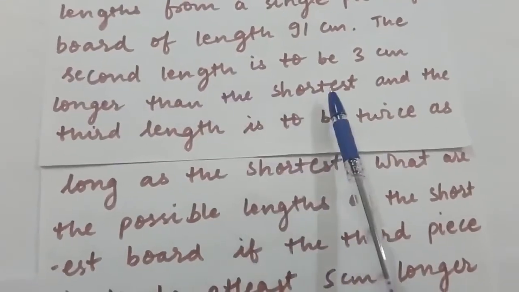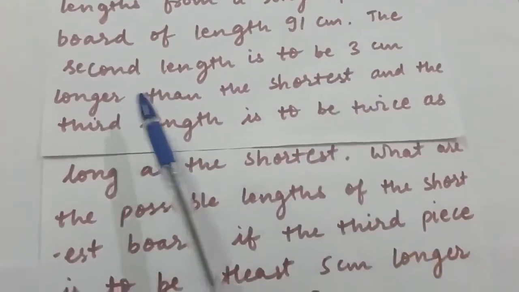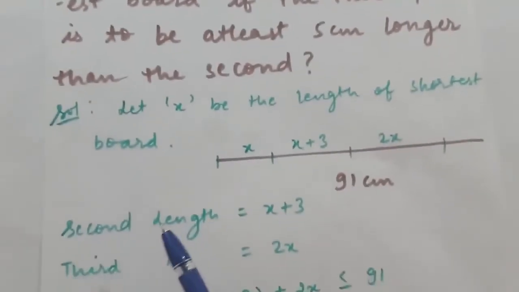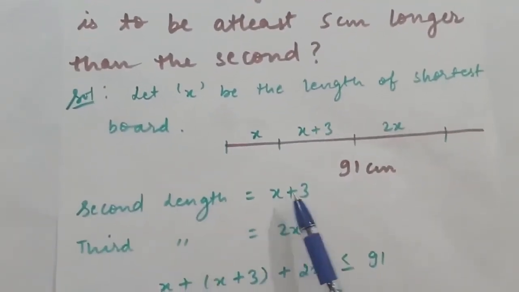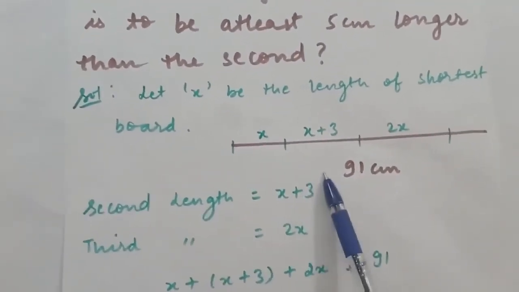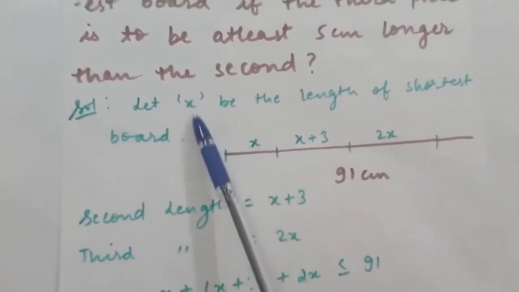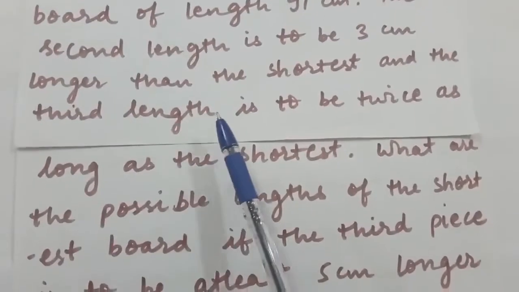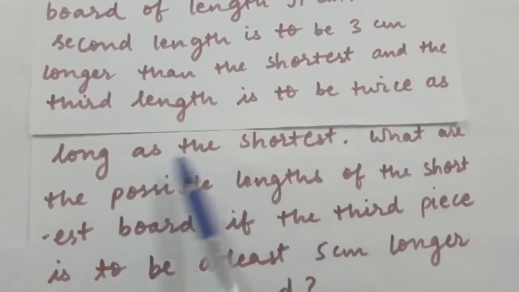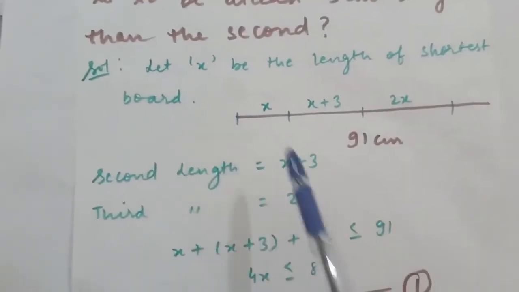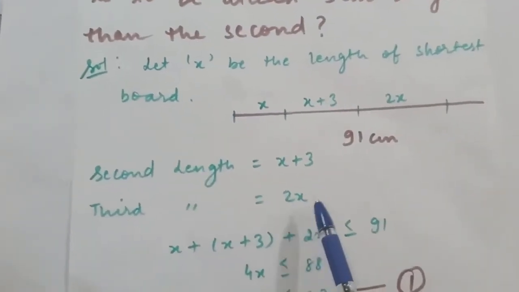Therefore, the second length will be x plus 3. 3 centimeter longer, therefore add 3 to the shortest length. And the third length is to be twice as long as the shortest. Now the third length is twice the shortest, so 2x.